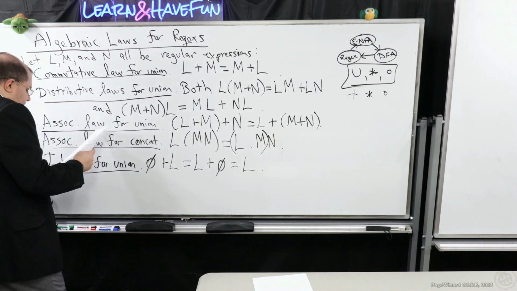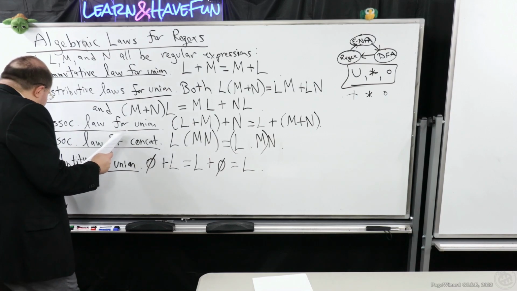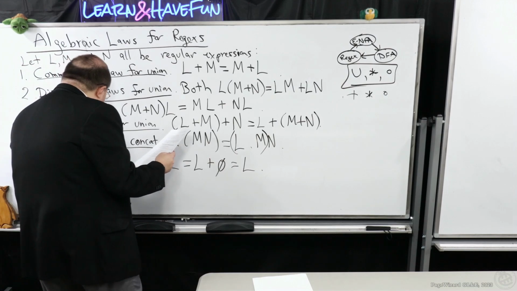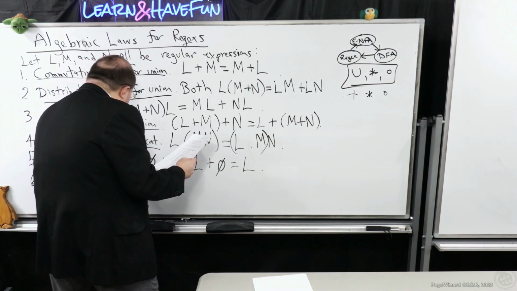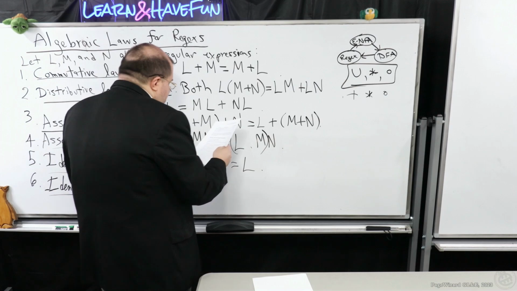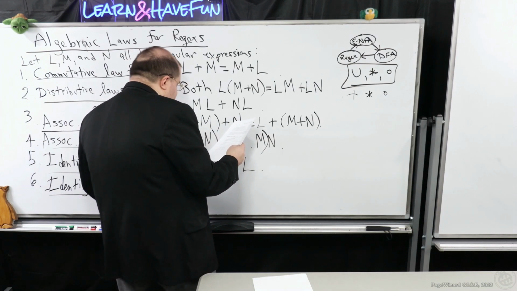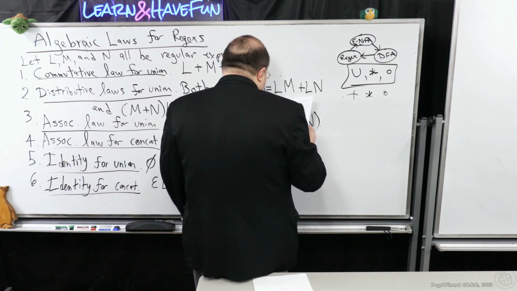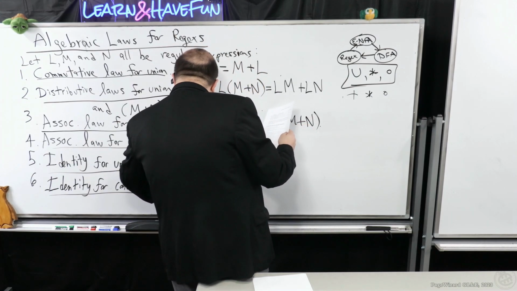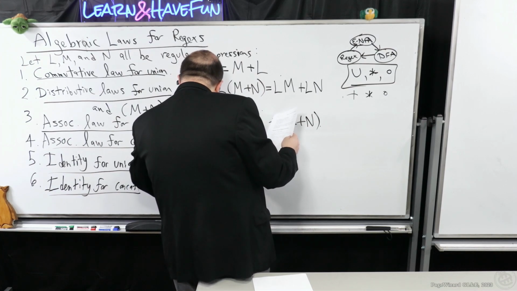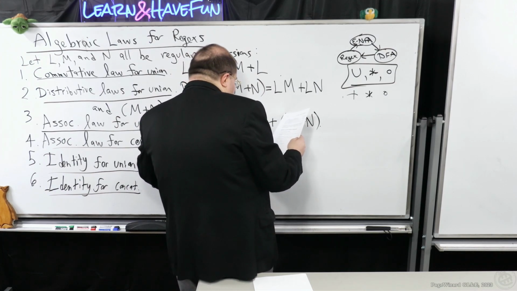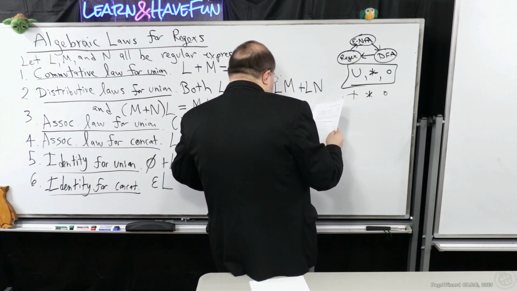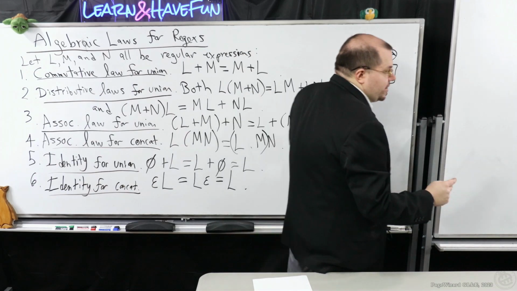Okay, let's get an identity for concatenation. If I have the expression for the empty string, and I concatenate that with L, this is no different than if I wrote the language first and concatenated it with the empty string, which is, of course, just the language itself.